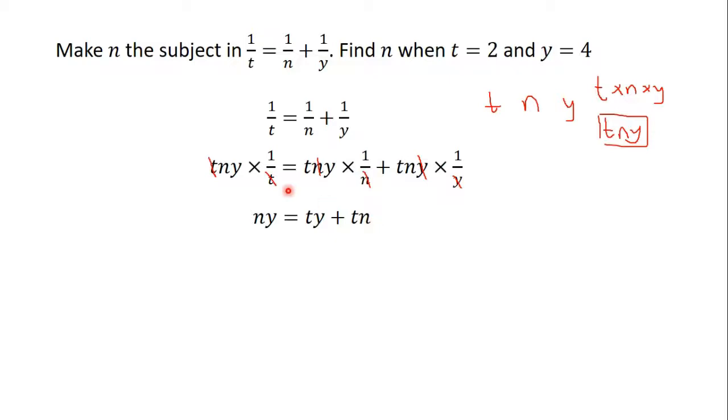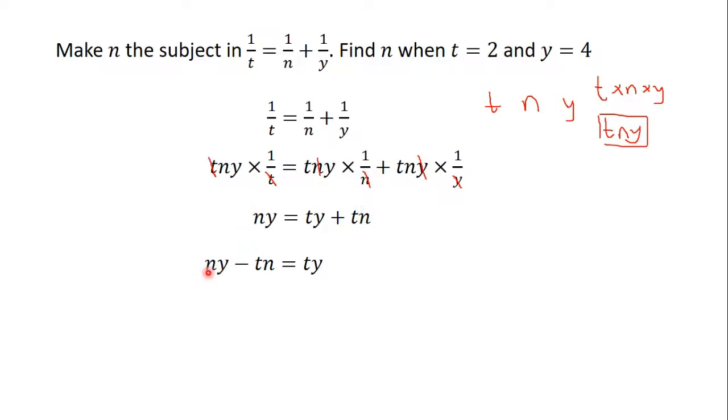We want to make n the subject, so we make sure that all the terms containing n are on one side of the equation. The terms containing n are ny and tn. Because ny is already here, I'm going to bring tn over from the right hand side to the left hand side.